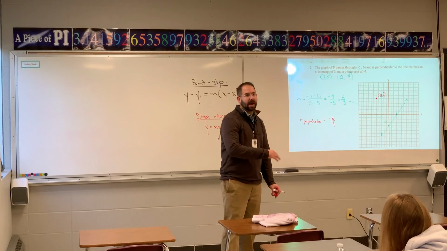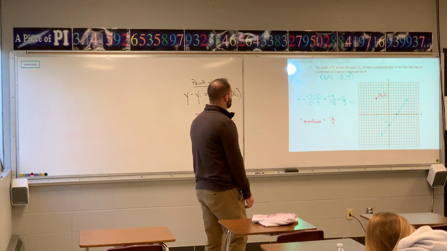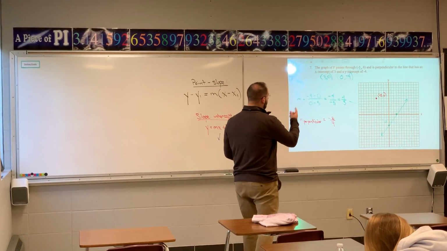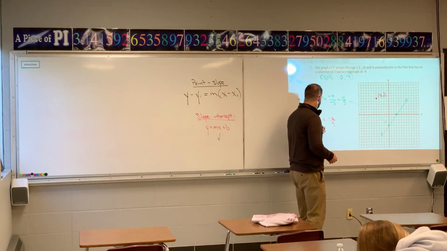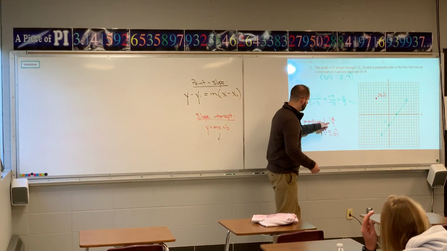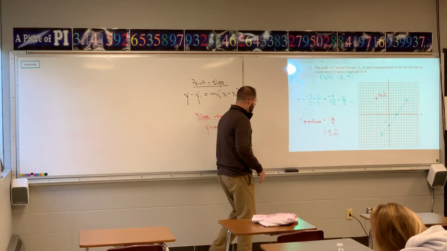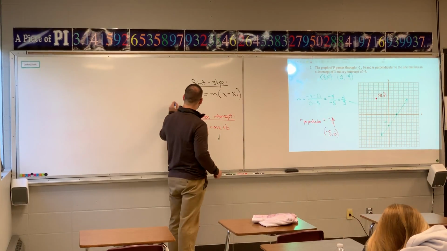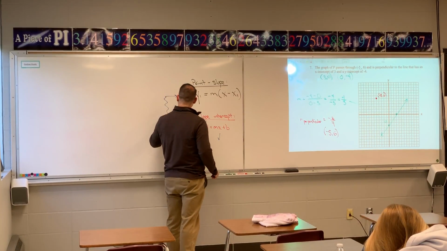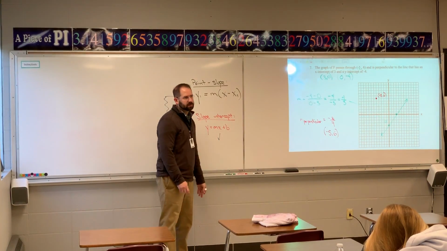This problem has just turned into the exact problem we just did in number 6. I have a dot that I have to pass through, -5, 6, and I have my slope. I'm going to plug in my information, and then rearrange it to get to the other forms that they want me to. I think they want me to get to slope-intercept.